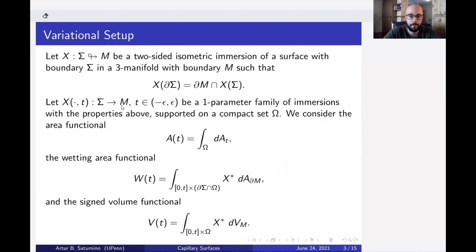This means two things. The first one is that the mean curvature is constant. And the second one is that the angle between the conormal, eta, and T is theta. So this angle appears here and appears here as well.